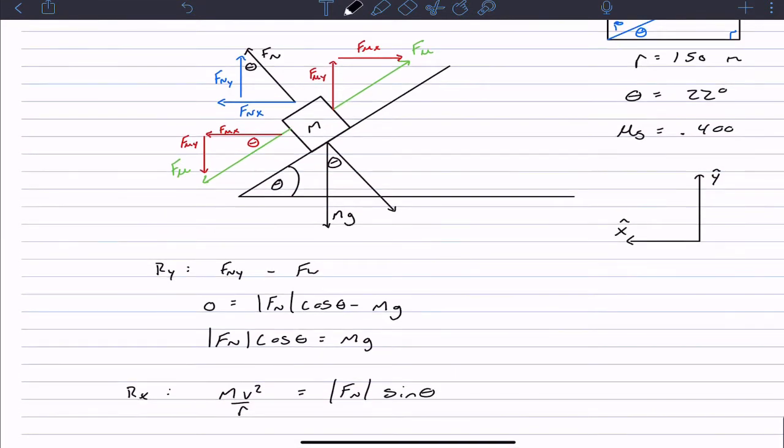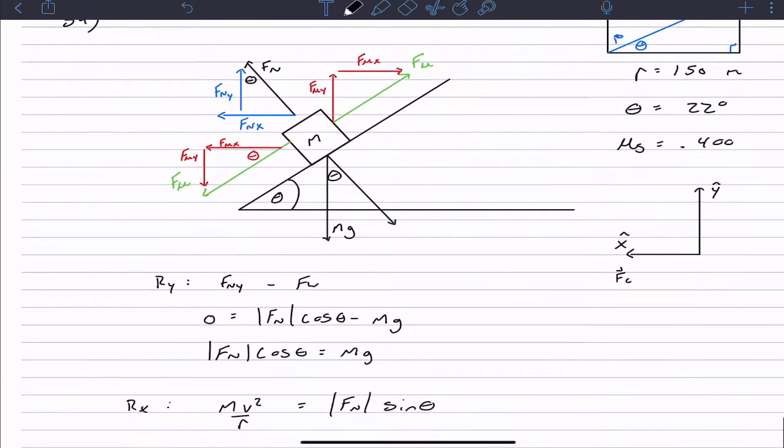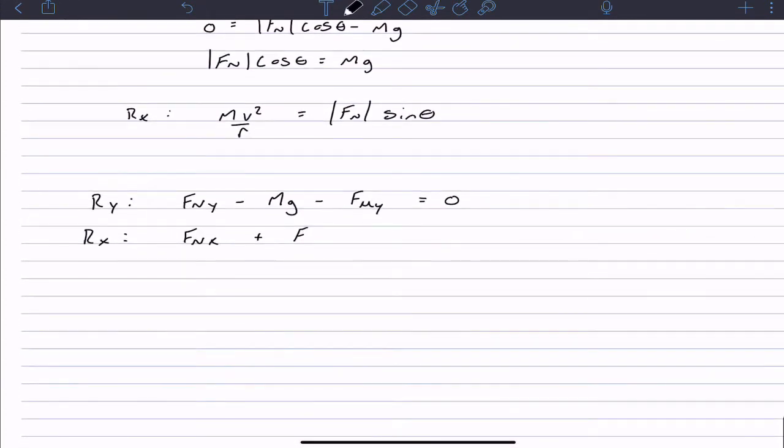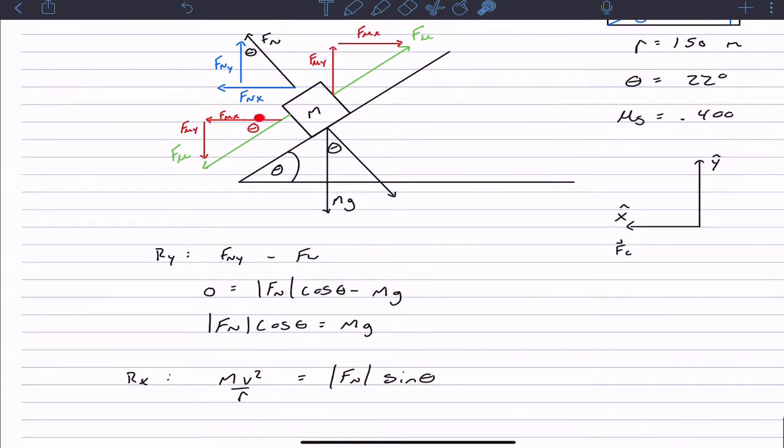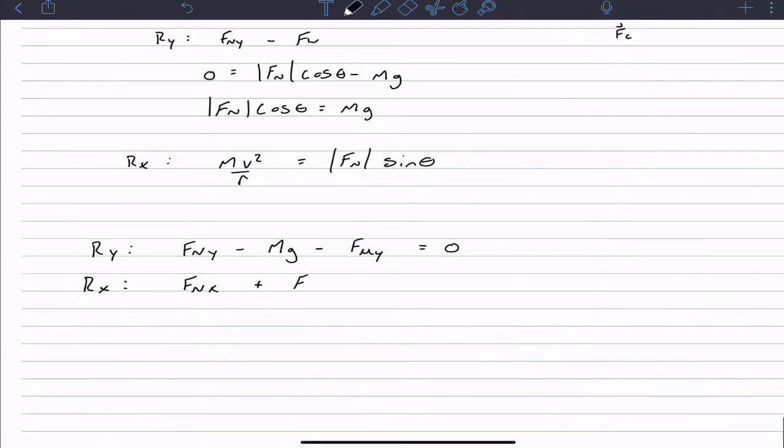Because our net force is going to be centripetal force, and we want it to be in the positive direction. Okay, so since I'm talking about the case where the frictional force is pushing this way, this is also positive. So this is positive and this is positive. So here we go. X, and this is all equal to centripetal force.